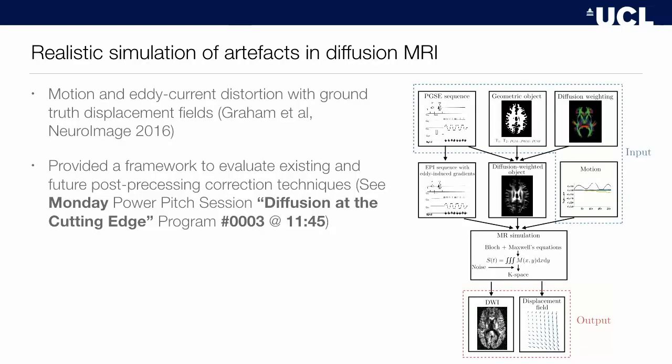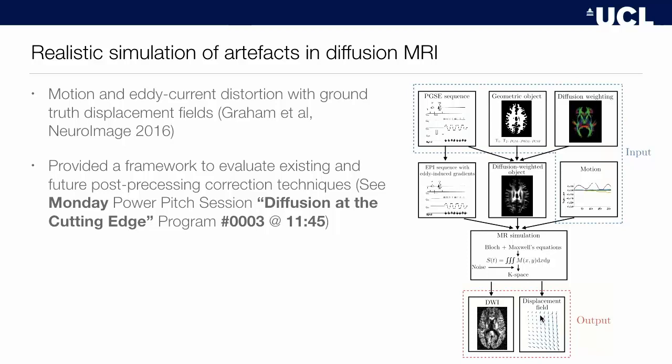So one is some work we did recently, by Mark Graham. We constructed a full simulator from the prescribed geometry of the model, the segmentations, and how the diffusion should behave, going through the full MR simulation with the Bloch equation. These allow us to capture realistic distortions such as eddy current and motion, producing images that are very realistic, as well as, most importantly, the ground truth displacement field, which is what the standard post-processing tools try to estimate for you.